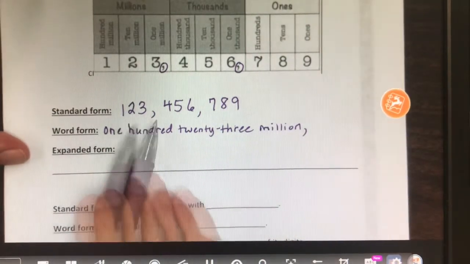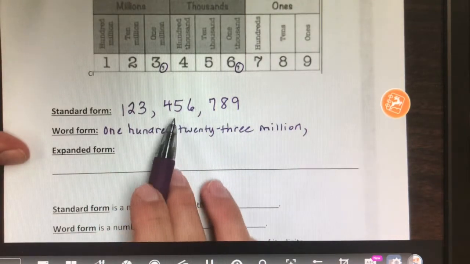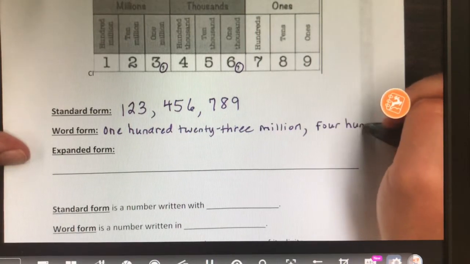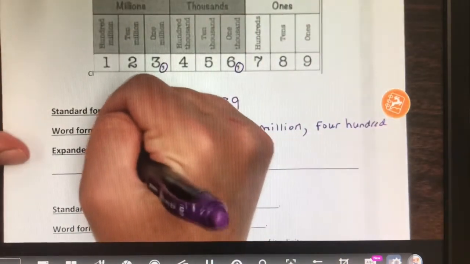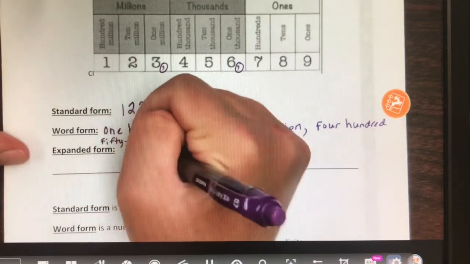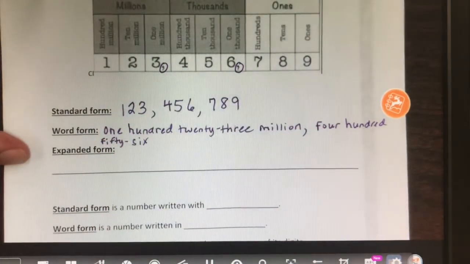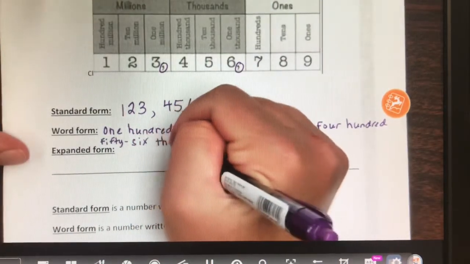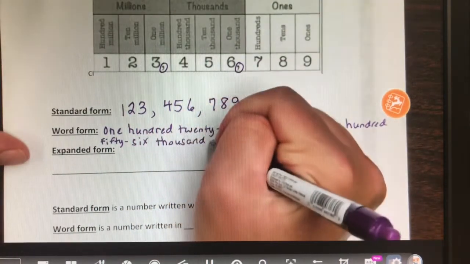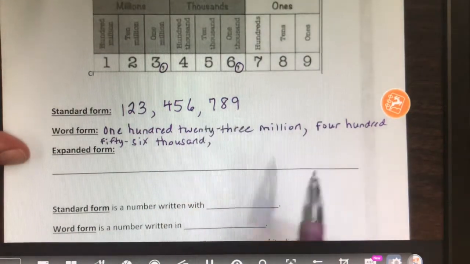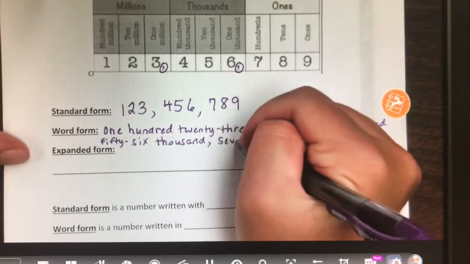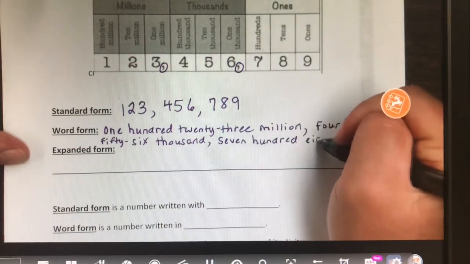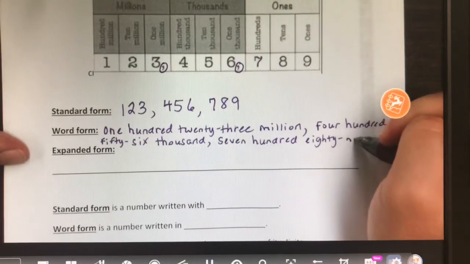comma, so we've done this chunk, now we're going to do this chunk, 456, and again, this is another signal that ends the thousands period, so that tells us thousand, comma, and then our last chunk is just 789.